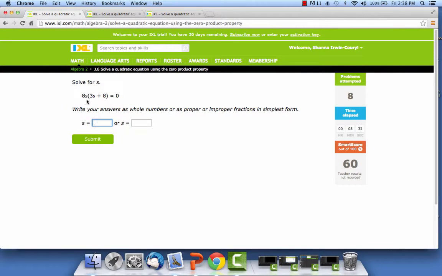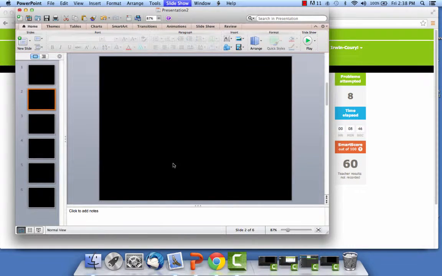So, again, 8 is 0, nope, or s is 0, or, now this one's different, 3s plus 8. So 8s is 0, or 8 is 0, or s is 0. You can write that also. This gives s equals 0 over 8, which is 0. Or you could have said 8 is 0, or s is 0.